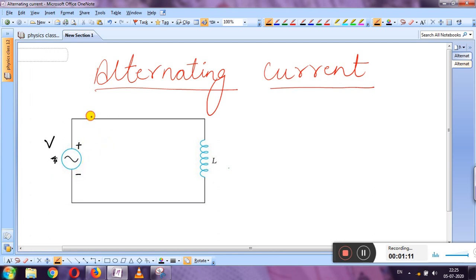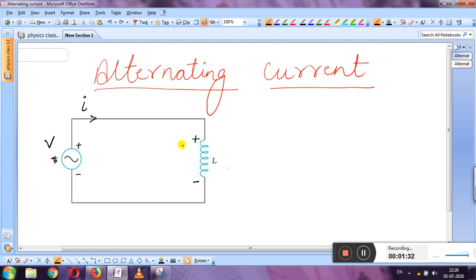At that instant it is sure that current from the positive terminal will come out and will flow through this inductor from this side. That's why we have taken positive sign, and on the other side we will take minus, from where current exits.